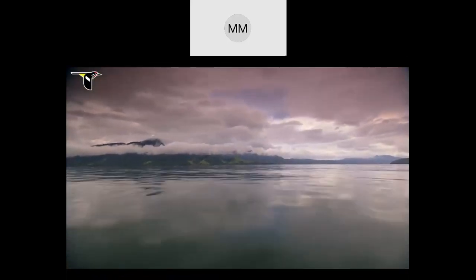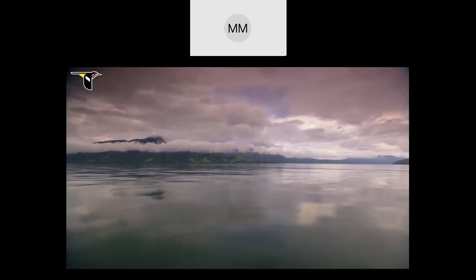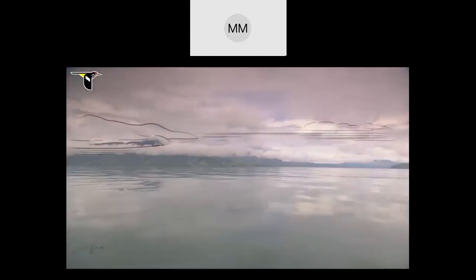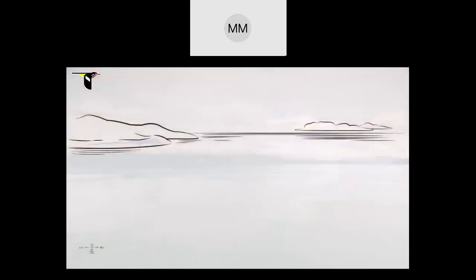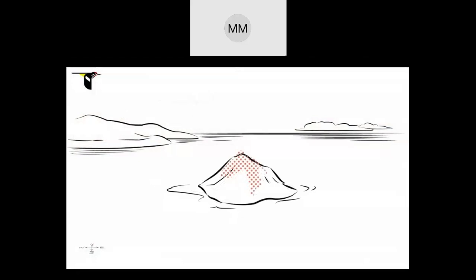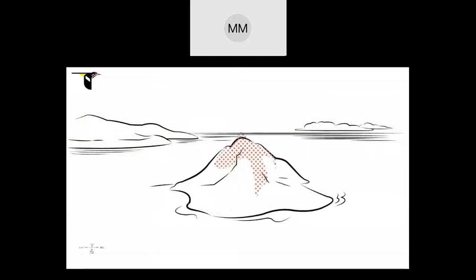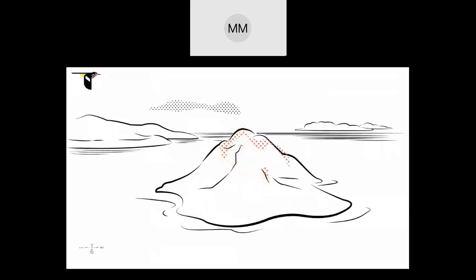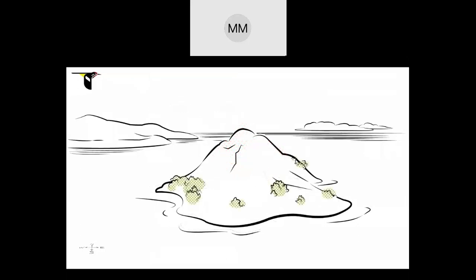One way for a new species to evolve starts when a few individuals colonize a new area that is outside their native range. Take, for example, a volcanic island that rises out of the sea just off the coast of the mainland. Over millions of years, as the island grows larger and less volcanically active, plants begin to grow, but there are no birds here yet.